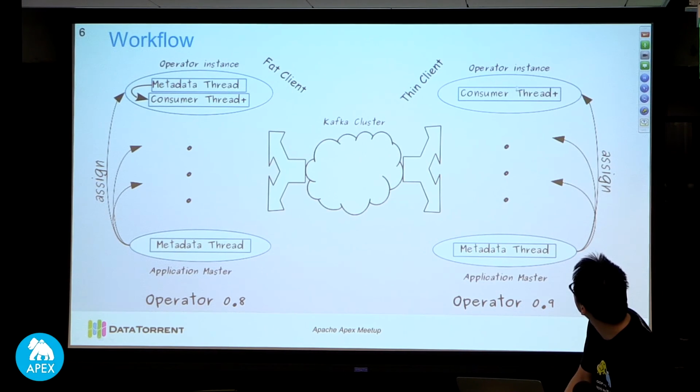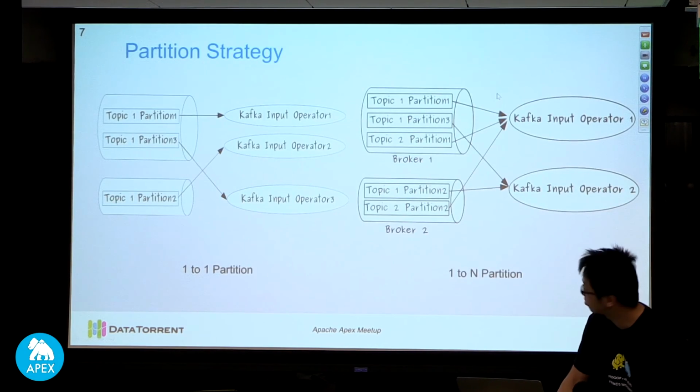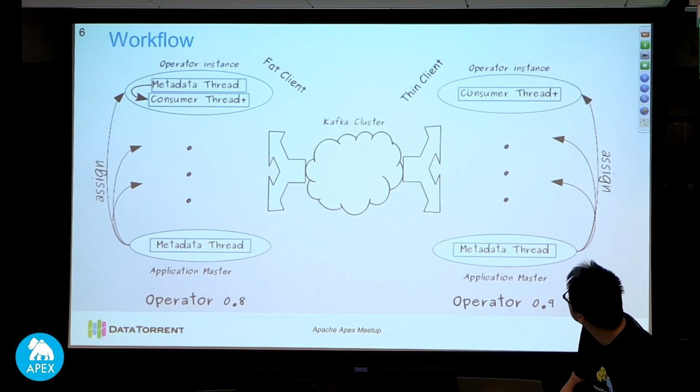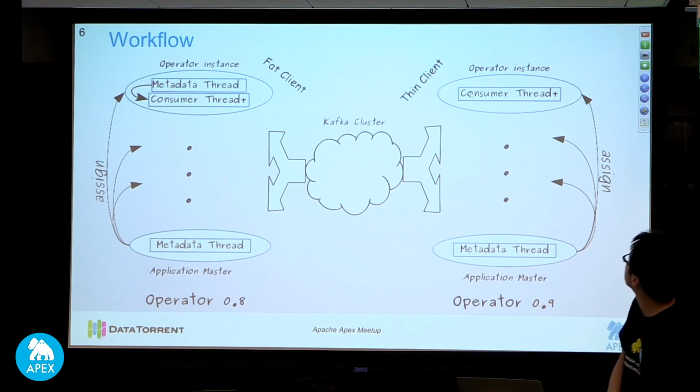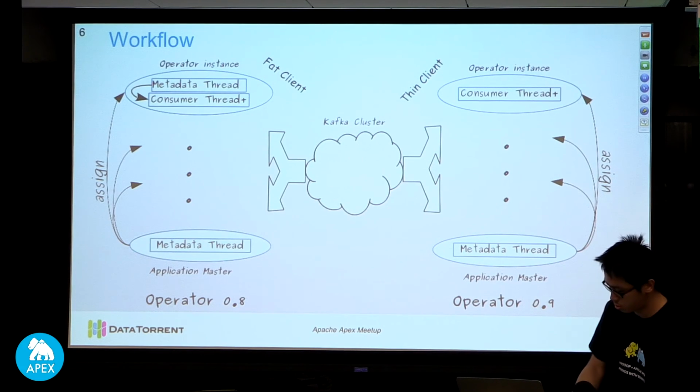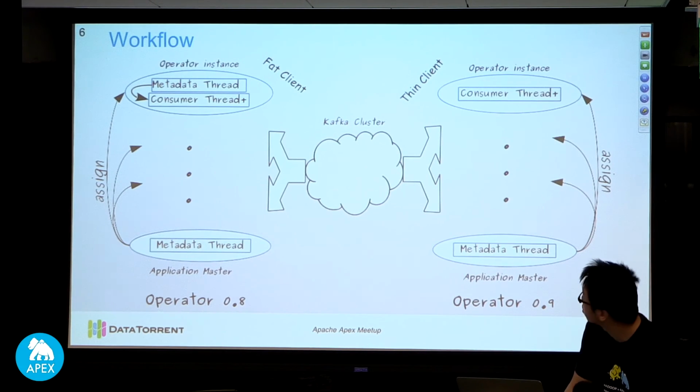But here in the new operator instance, we don't need to worry about the metadata change. It's all handled internally in this consumer object. So we just need one consumer thread to keep consuming data from Kafka.